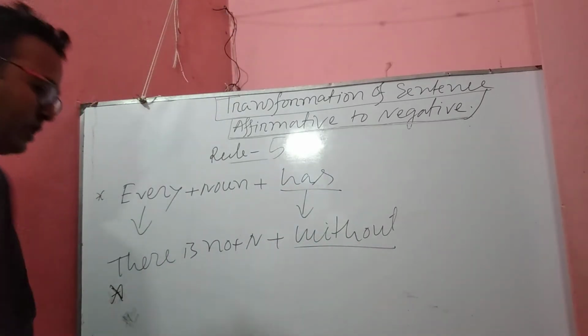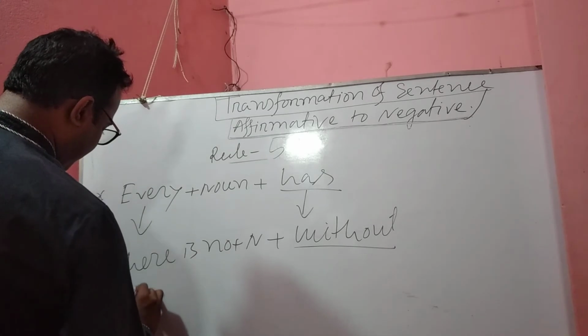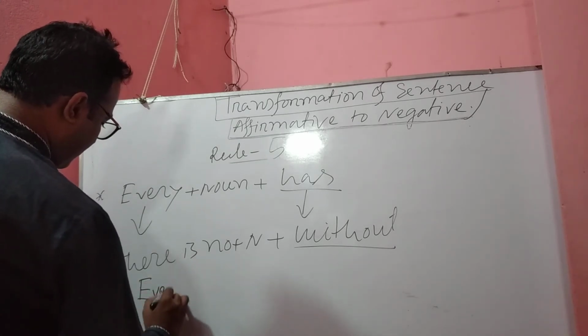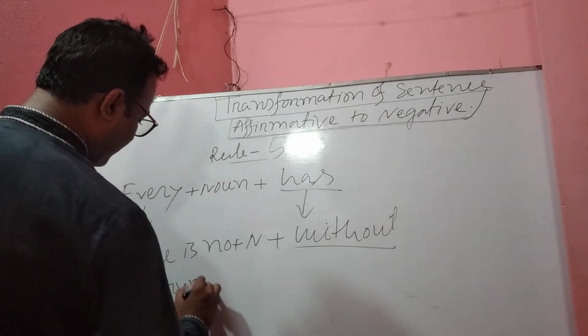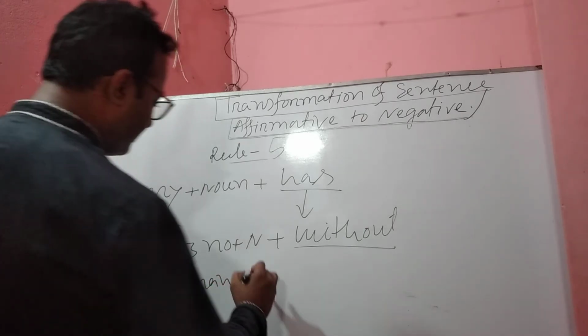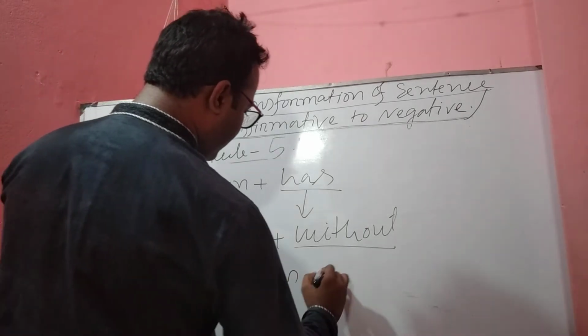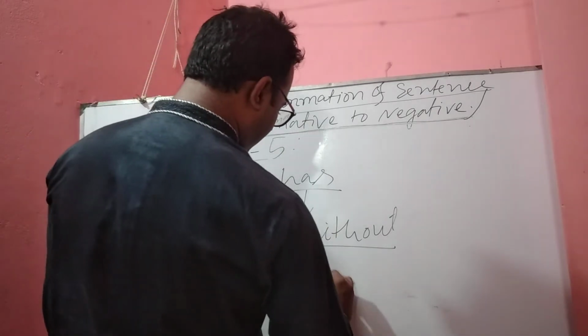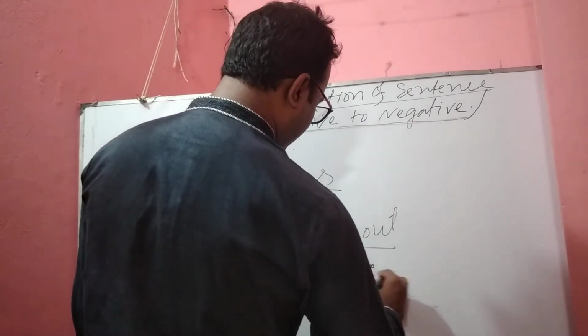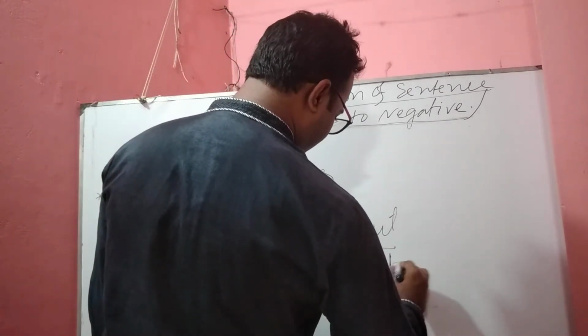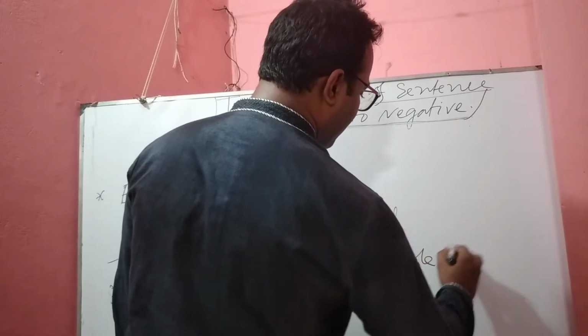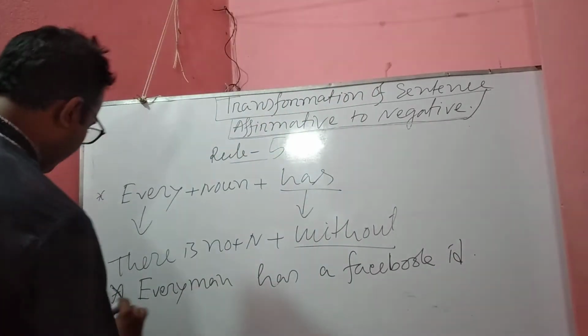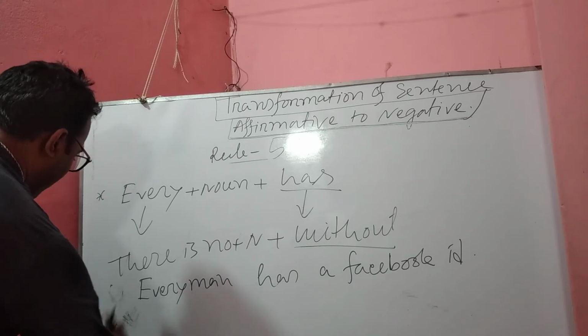Now take an example. Every man has a Facebook ID. So what will be the negative form of it?